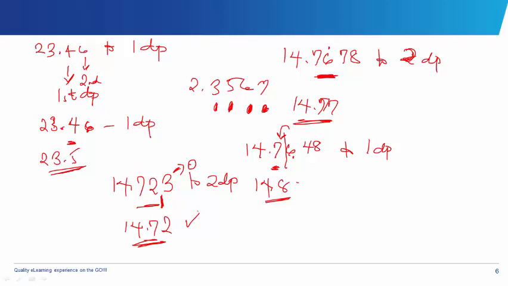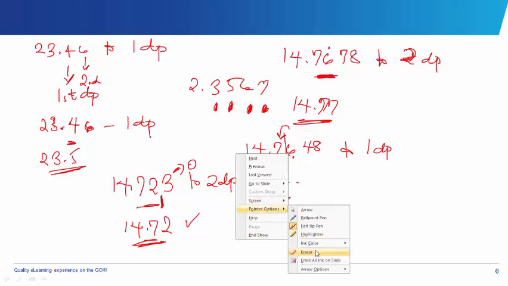Now let's look at significant figures. When you talk of significant figures and decimal places, there is a very subtle difference. When you talk about significant numbers, any number greater than 0 is regarded as a significant number.